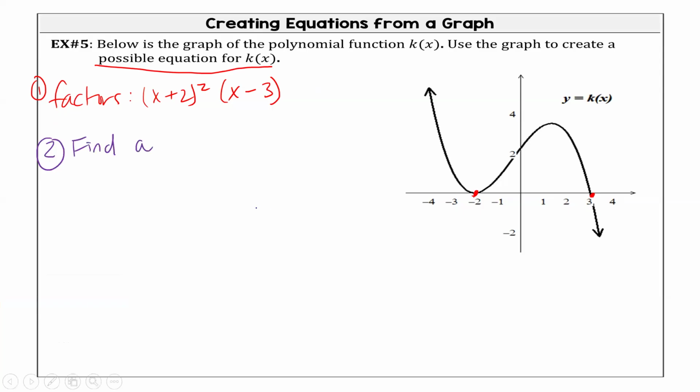A is telling you whether you are positive or negative, and if you're compressing or stretching. Do y'all remember that value? So k of x equals a times our factors, x plus 2 squared times x minus 3.